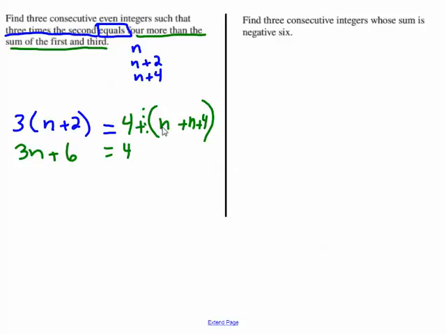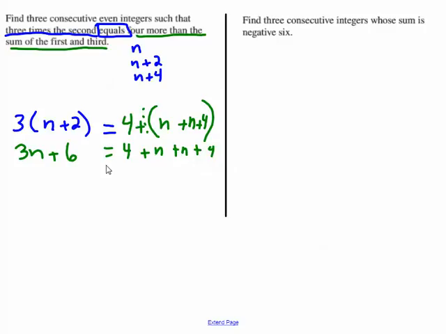Positive 1 times positive n is n. Positive 1 times positive 4 is positive 4. So you can see that the parentheses have just disappeared, because plus 1 means all these terms just come out, since they're just multiplied by 1.